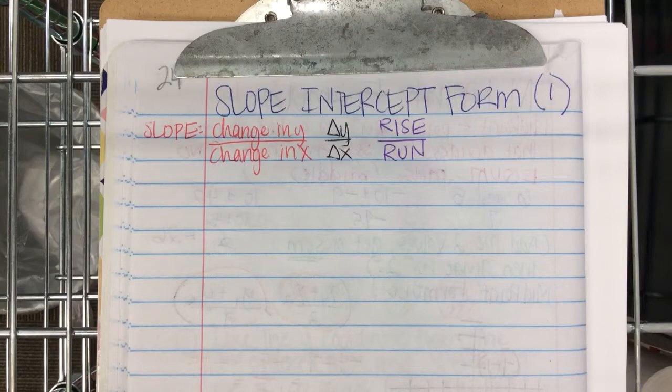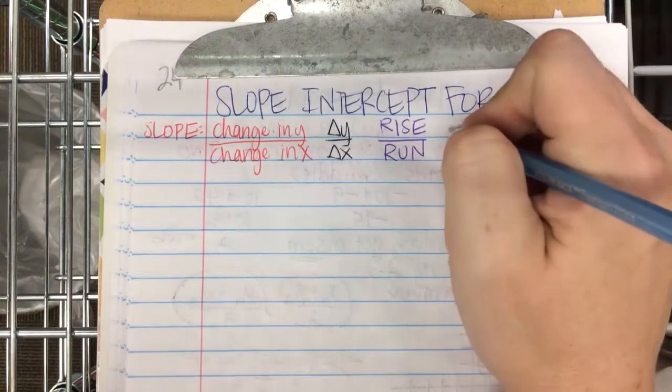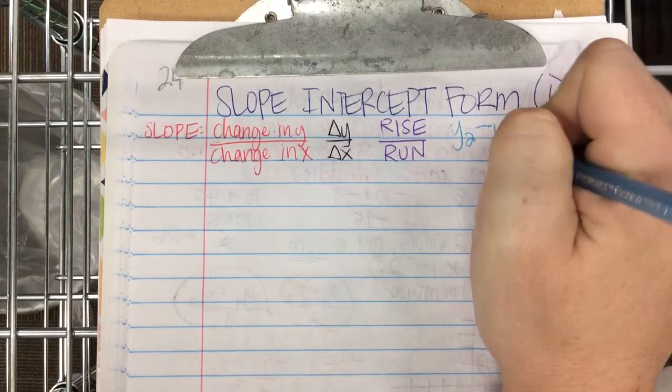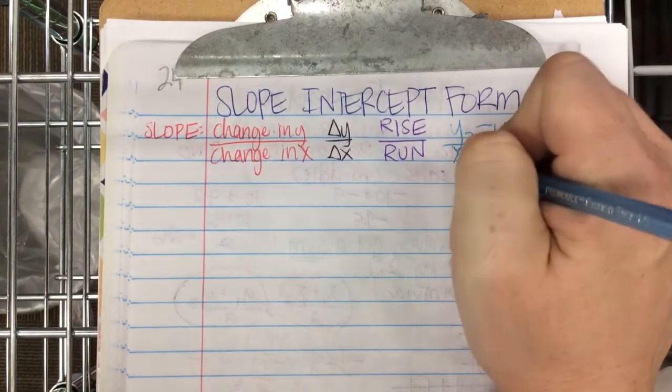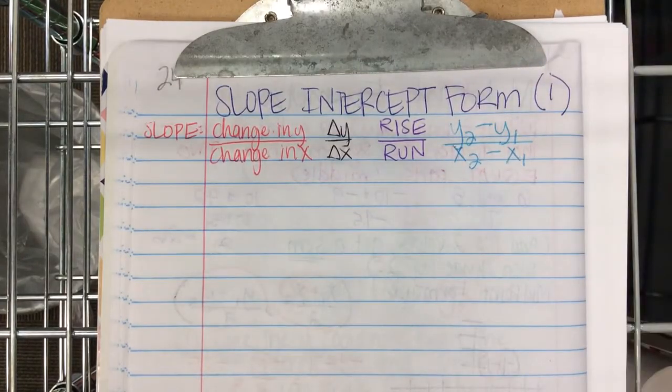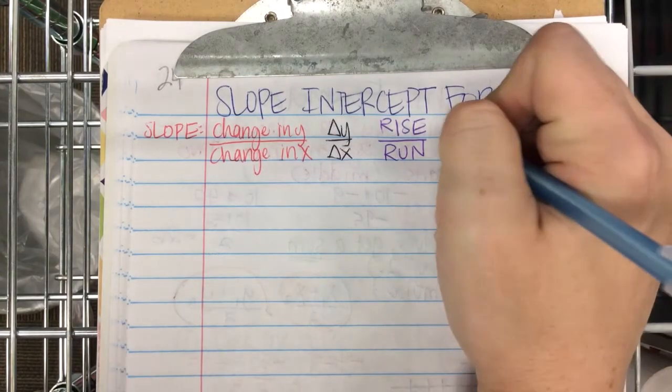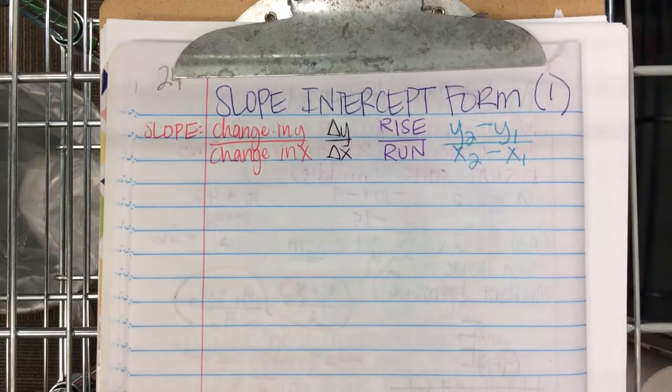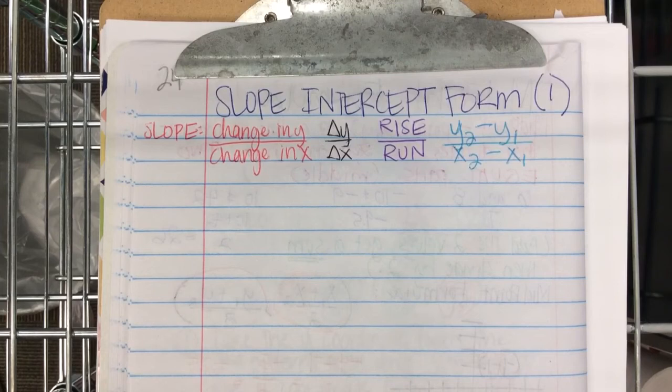We also have another formula, y2 minus y1 over x2 minus x1. Now that's not to be confused with yesterday's midpoint formula. The midpoint formula is completely different from slope.